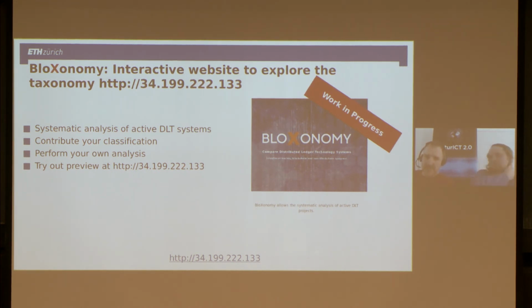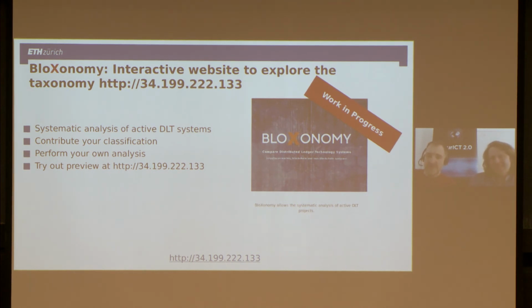So we are in the midst of creating a website, which we call Bloxonomy, but at the moment you can only see it on an IP address, which is shown on the slide right now. Have a look there. We have all the 50 systems and their classifications online. You can click through. We have some first, I think, nice graphs there as well.